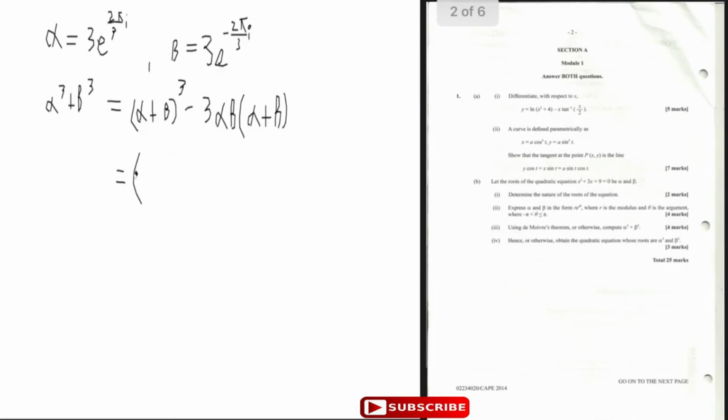Remember, this is the quadratic equation, and what we know about a quadratic is that the sum of the roots, alpha plus beta, is minus b over a. So alpha plus beta here is minus 3. We know that alpha beta is equal to c over a, so alpha beta is 9.